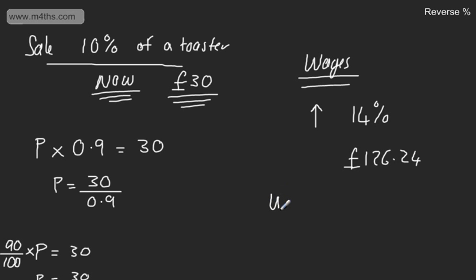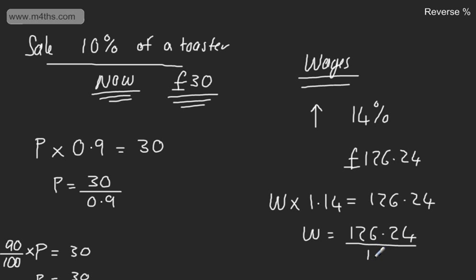£126.24. So my wages were multiplied by 1.14, and that gave me £126.24. Therefore, my wages will be £126.24 divided by 1.14. If this value, W, is multiplied by 1.14 to give us the value here, then the value of W is simply the 126.24 divided by 1.14.